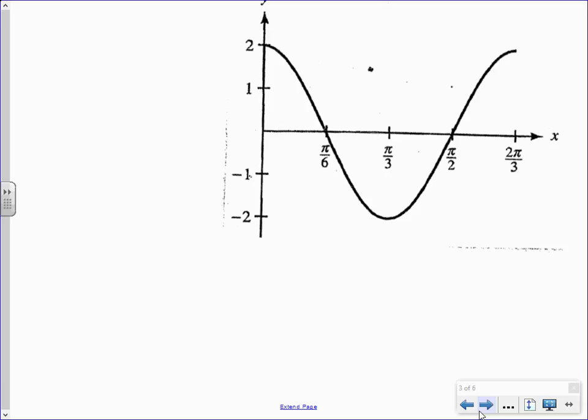Shannon, is this cosine or sine? Positive or negative cosine? Positive, because it makes a valley or a crater. So you can identify everything from this curve. If it helps you, you could go ahead and draw the frame.